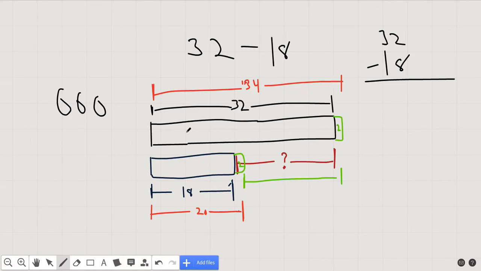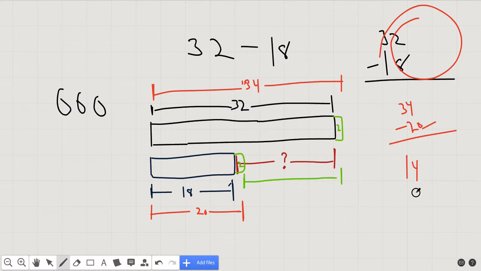Now instead of thinking of 32 minus 18, I could think of this as 34 minus 20, which is going to give me 14. Does it work? Well, let's try. I'd have to regroup here. That's a 12. That's a 4. That's a 2. Oh, look at that. It worked.